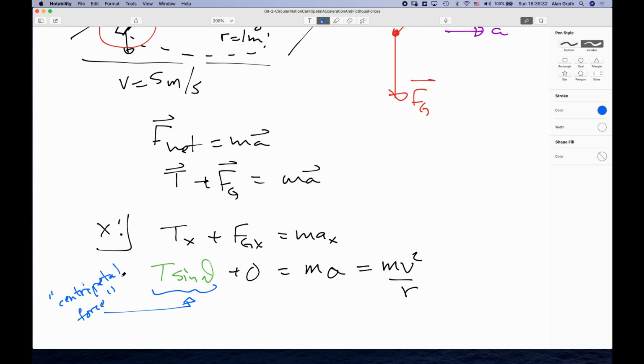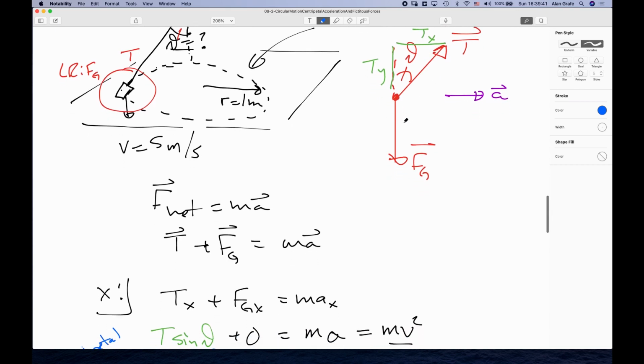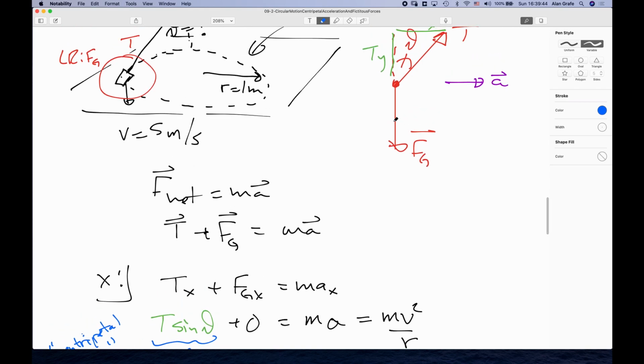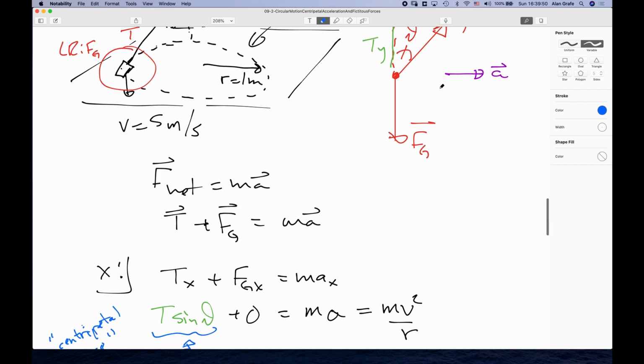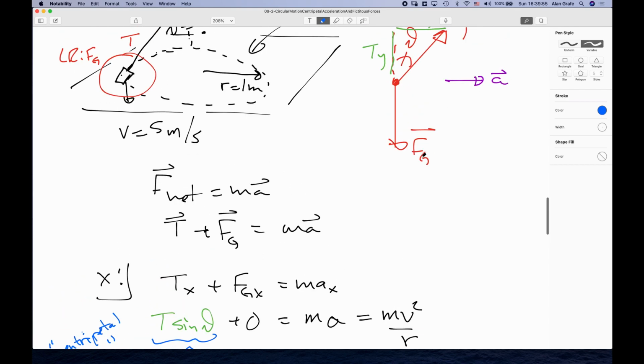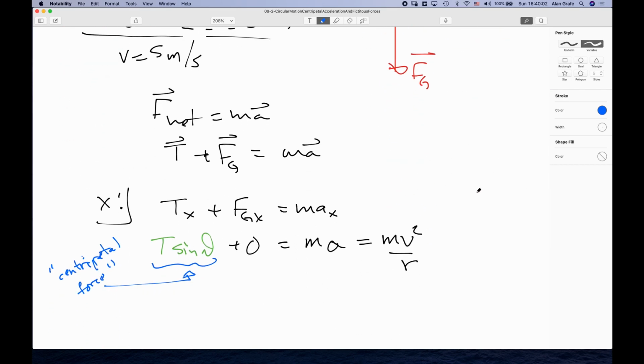I tend not to make that big of a deal of that name, but the centripetal force is basically all the forces or pieces of forces that you have to add up parallel or anti-parallel to the acceleration to figure out what that acceleration is. So here, this horizontal bit of tension is what's responsible for making the stopper go in a circle. So that gets the name centripetal force.